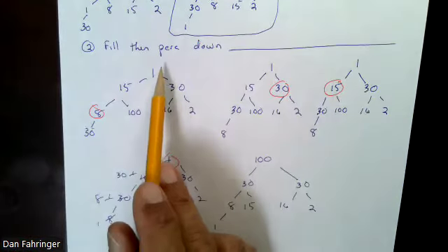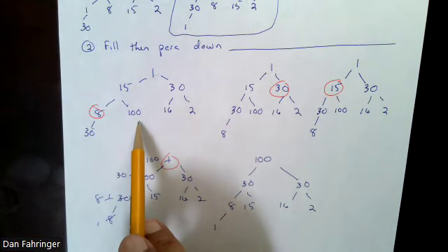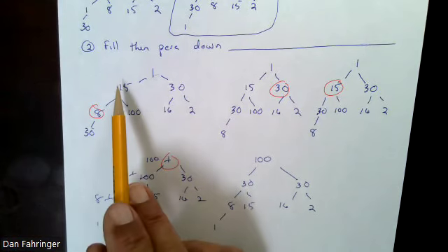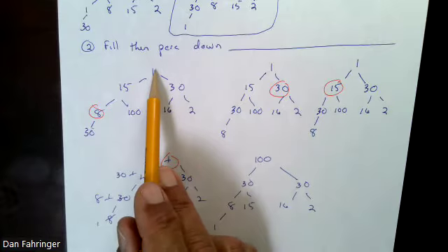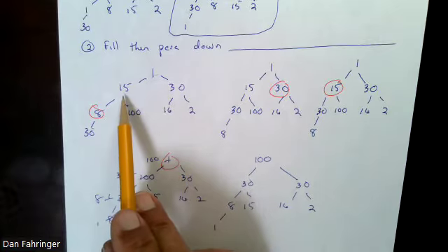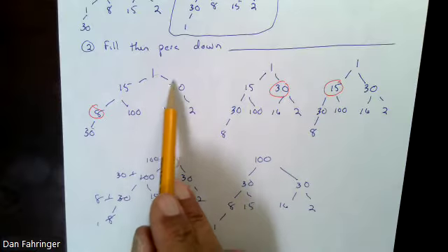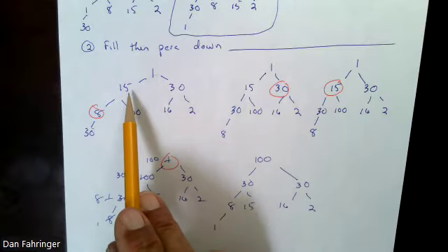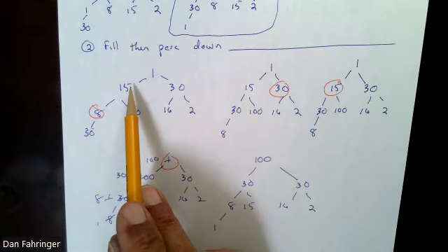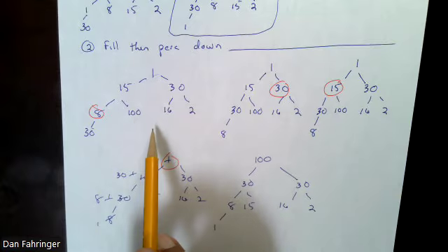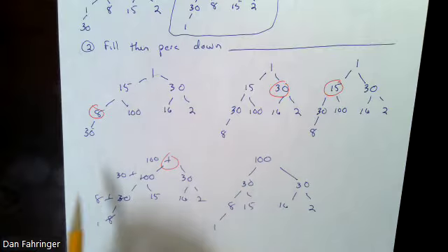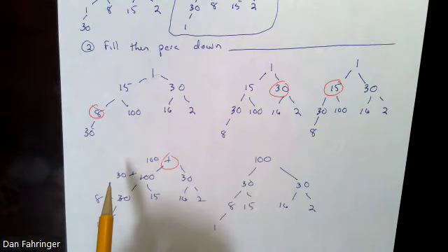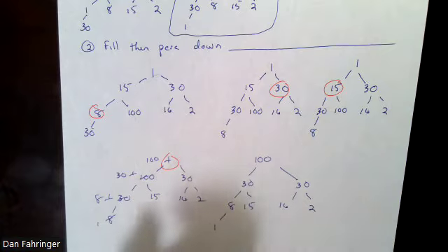So let's look. 1 would go down to here, and 15 would be up there, and 100 would be up there. So I've already done this spot, and now I would be moving to 100. And if I'm percolating down, would the 100 ever make it up to the top spot? No. Just walking through answered your question that quick.